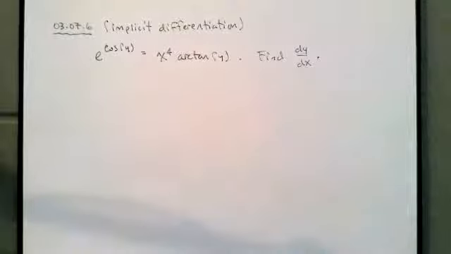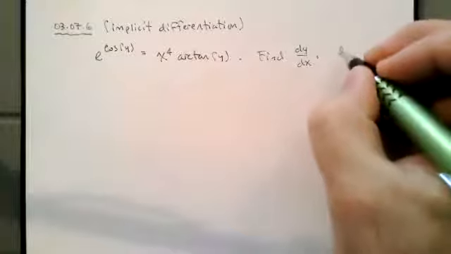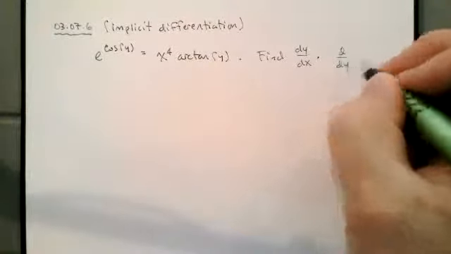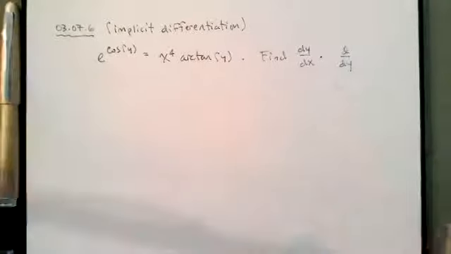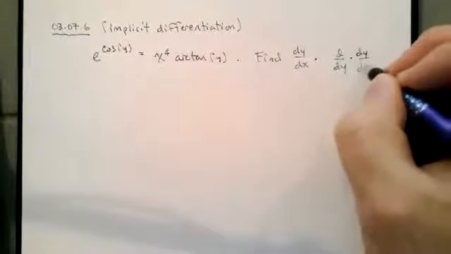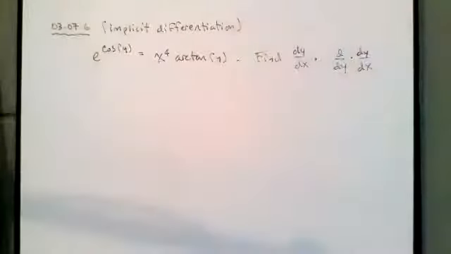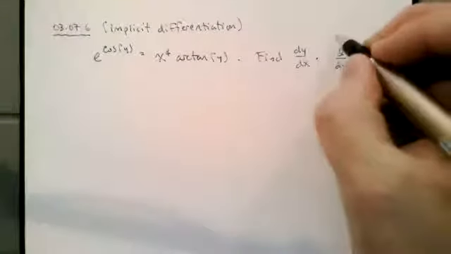So the chain rule says we have to multiply by dy dx. We're going to have to remember to use the chain rule.